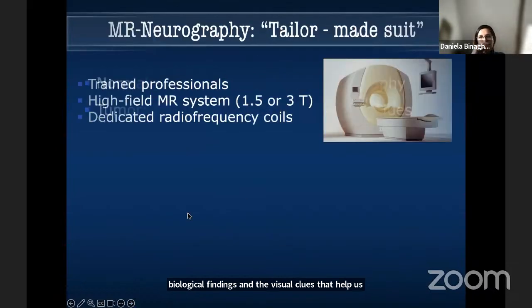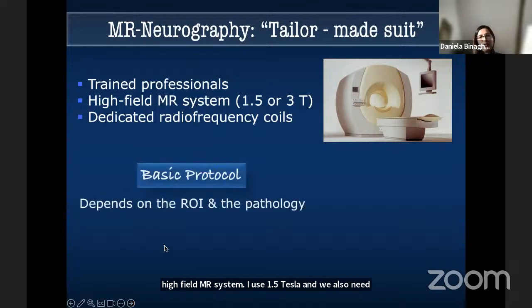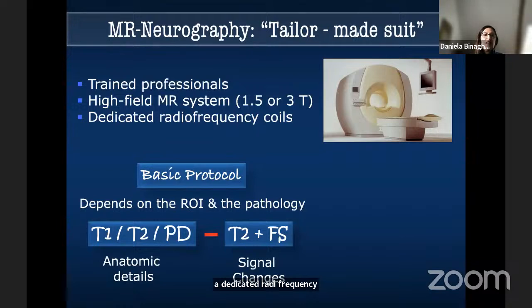As Kim has said, MR neurography is a tailor-made suit, tailored to the patient and the pathology. We need trained professionals, a high field MR system, I use 1.5 Tesla, and we also need dedicated radiofrequency coils. The basic protocol will depend, as I said, on the area that we will examine and the pathology. In this case, it's a tumor.